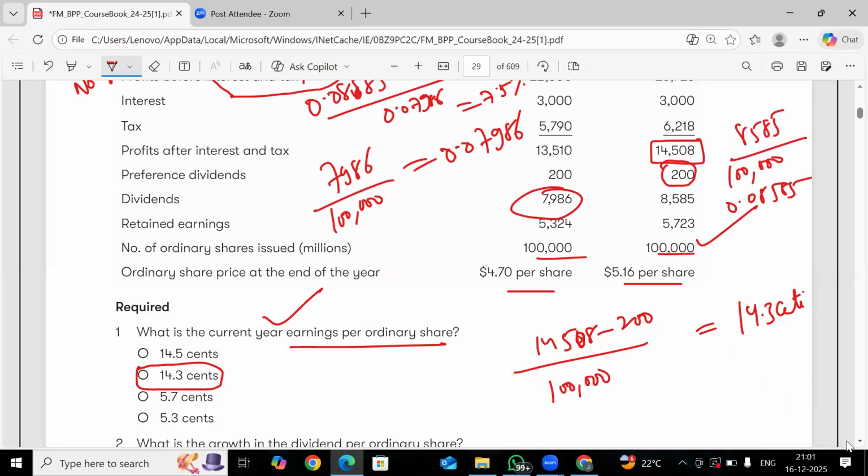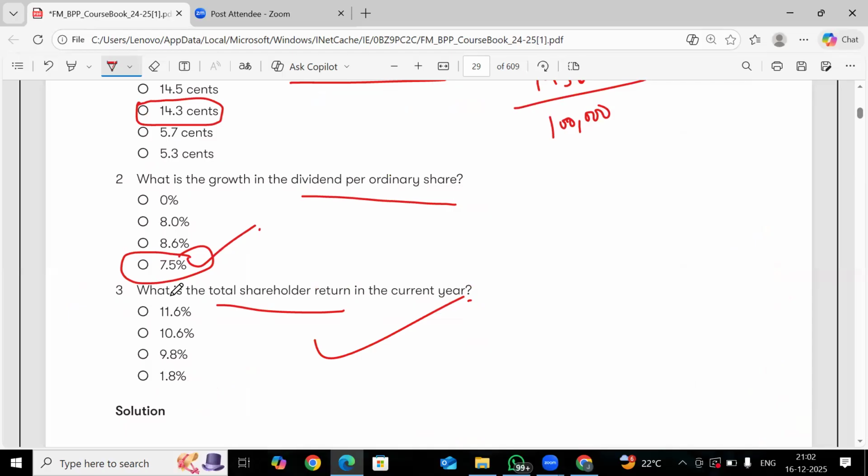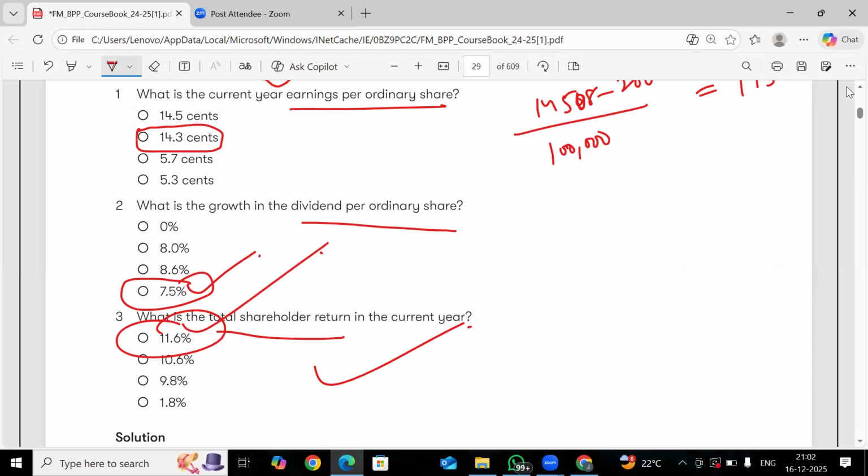Just check. Once again, do the calculation fast. We'll move forward.